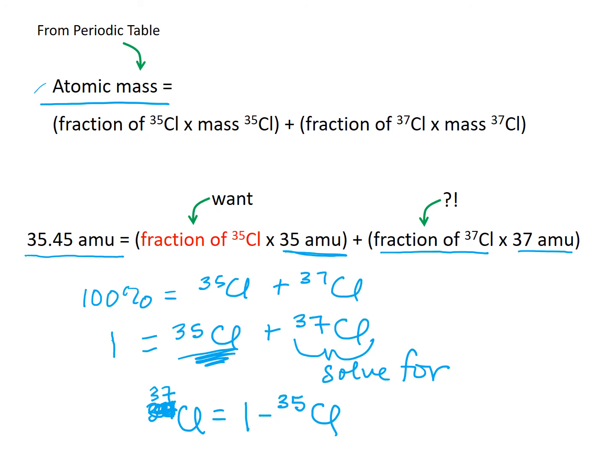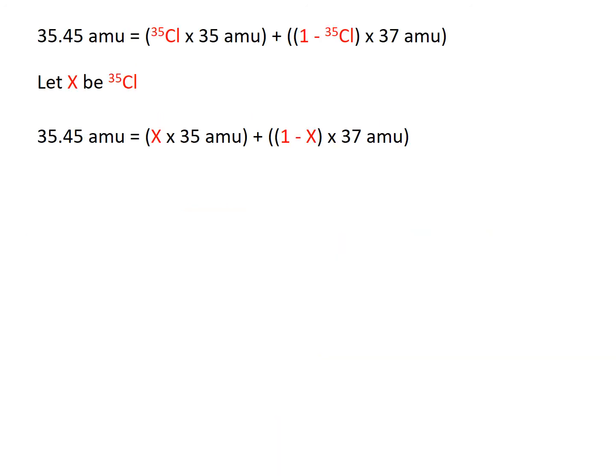Okay, so now in my original equation, what I can do is take this information right here and substitute it in for that number right there. Okay, so if I go to the next slide, what I've done is I've done that, right? So up here I've got 35.45 AMU, or how much that sample weighs.